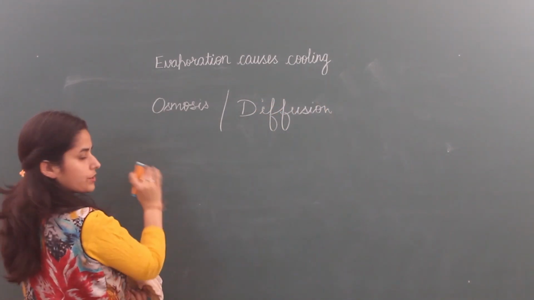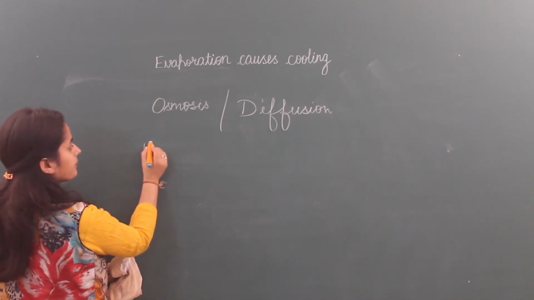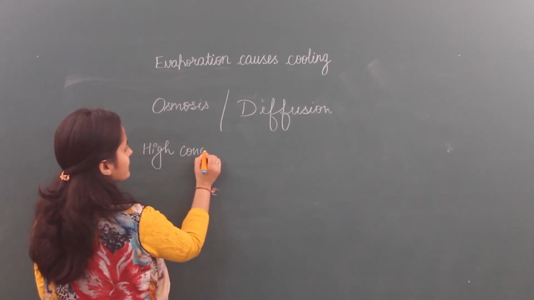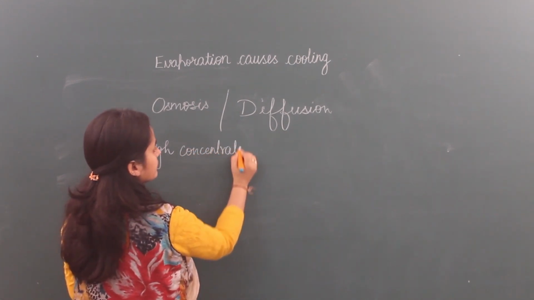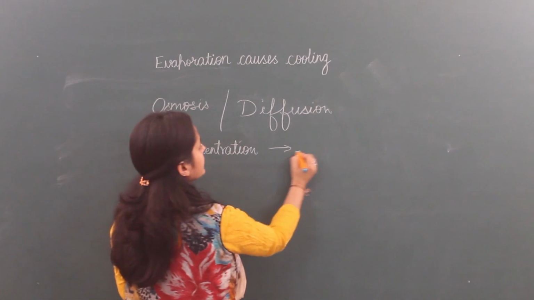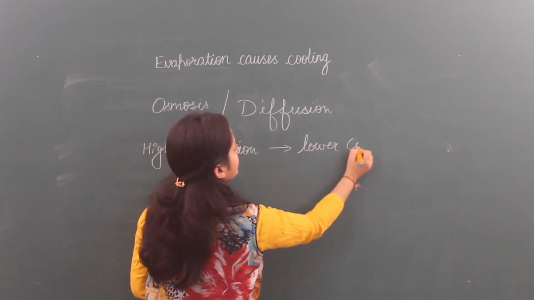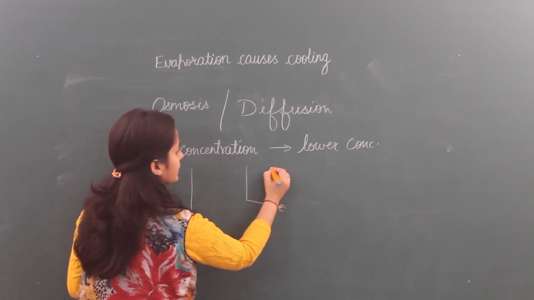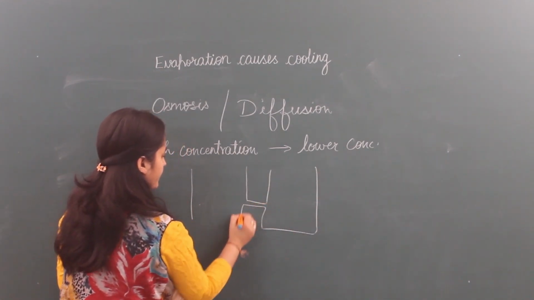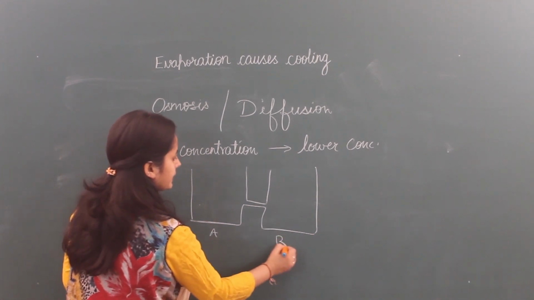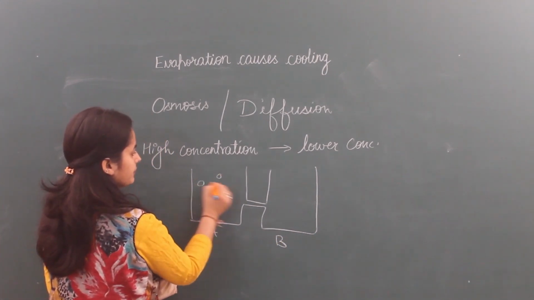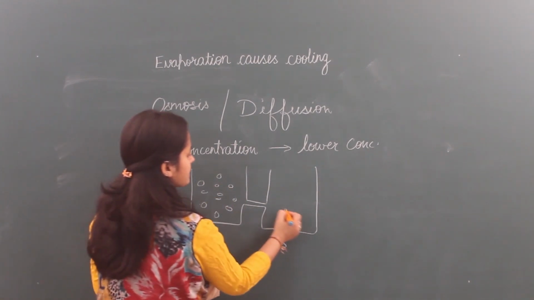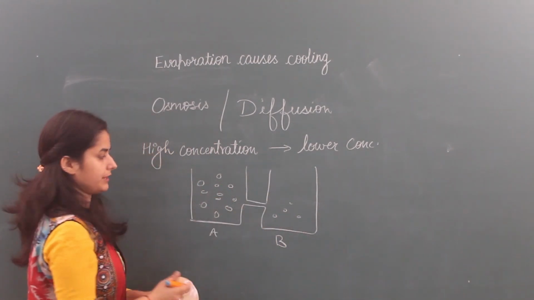Diffusion or osmosis, both are movement of particles from their higher concentration to their lower concentration. That means if I am taking this type of container, container A and container B, here these particles are more and these particles are less, then what will happen?